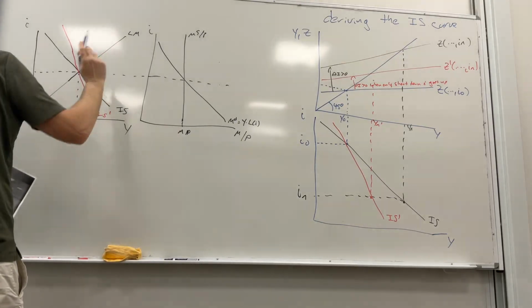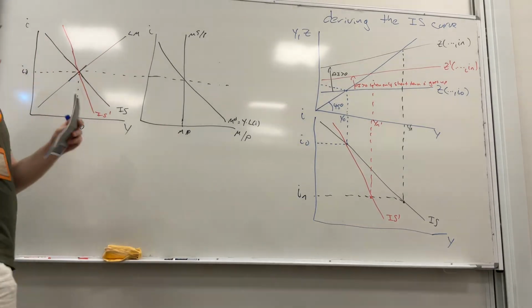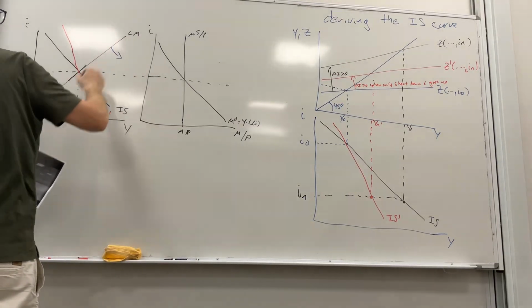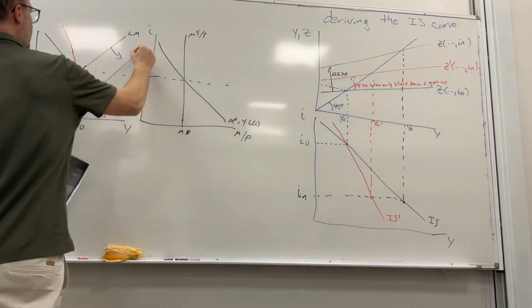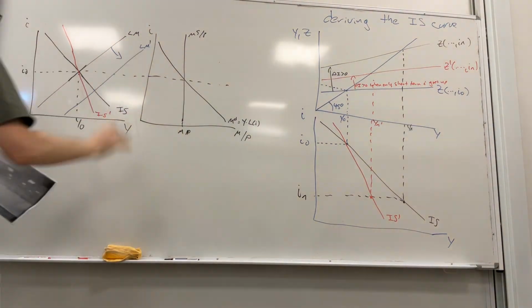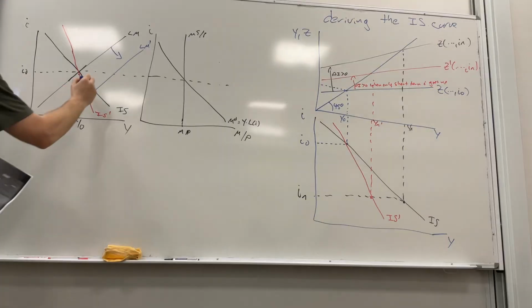I did this in one, or you did this in one? No, expansionary monetary policy shock. So it's going to shift the LM curve down, to the right.